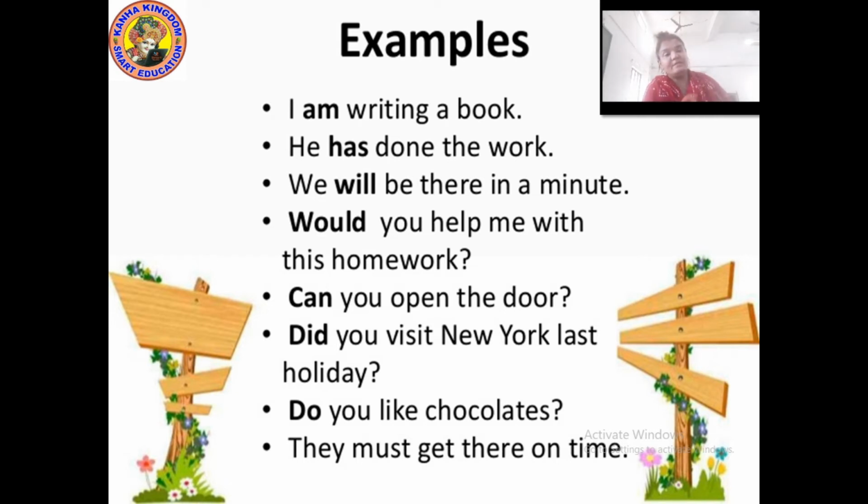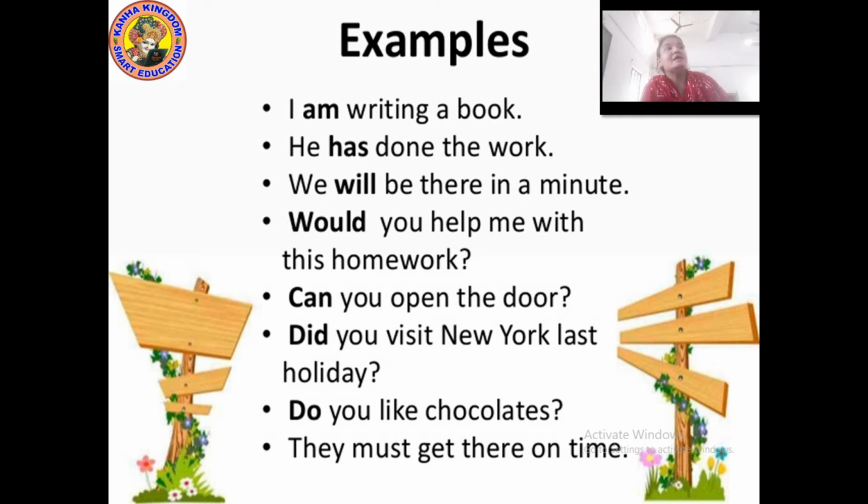In a progressive, or you can say in a continuous sentence, the auxiliary verb is compulsory. Without an auxiliary verb, the progressive sentence cannot be completed. So, I am writing a book. Here the auxiliary verb is am and the main verb is writing.